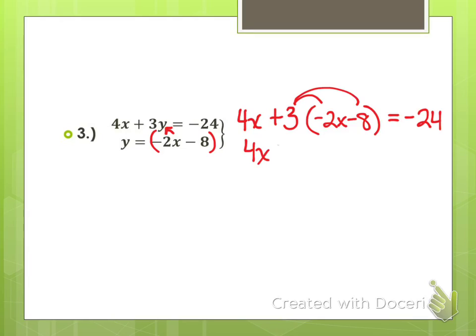Houston, what do I get when I distribute that 3 in? What do I get when I distribute the 3? So what's 3 times negative 2x? Negative 6x. And what is 3 times negative 8? Negative 24.